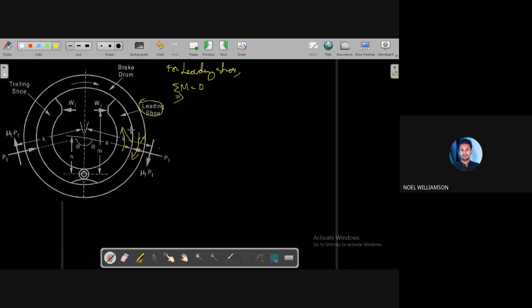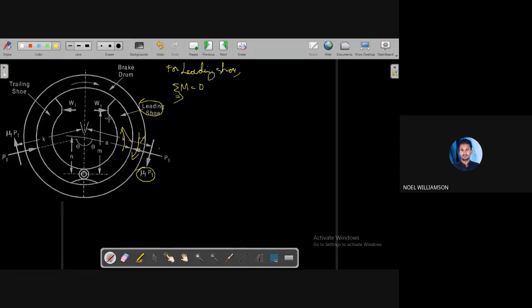In that case the friction will be in the opposite direction, and its value will be mu f into the normal force PL. The forces acting on the shoe are the actuating force WL, the normal force PL, and mu f into PL, the frictional force. These three forces are acting.